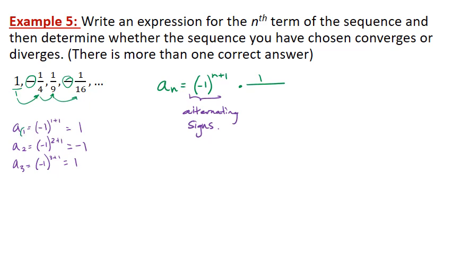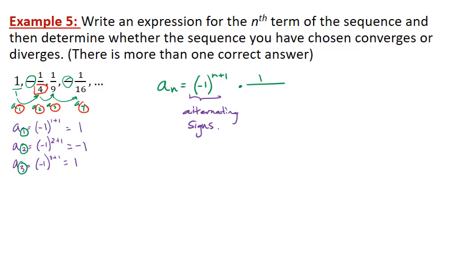Well, remember we're dealing with the value of the term of the sequence. So here n is 1, n is 2, n is 3, n is 4. So if this is a sub 1, a sub 2, a sub 3, a sub 4, what are we doing with this number to get this? Well, we're squaring it.